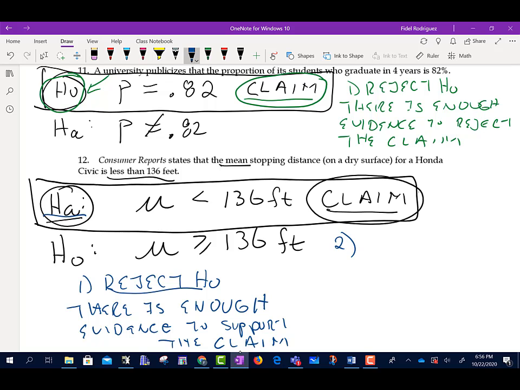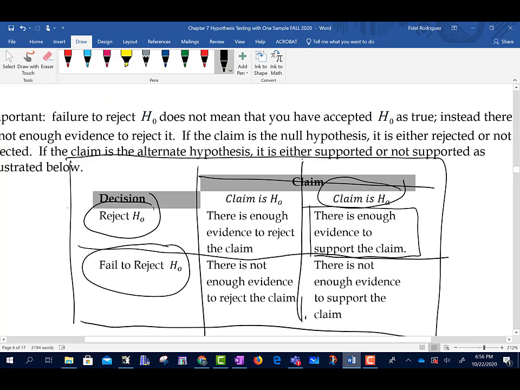Okay, number two. If one was to reject it, number two is going to be fail to reject it. Fail to reject the null, okay? So I'm going to come back here, fail to reject the null.